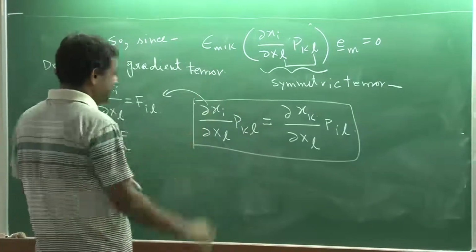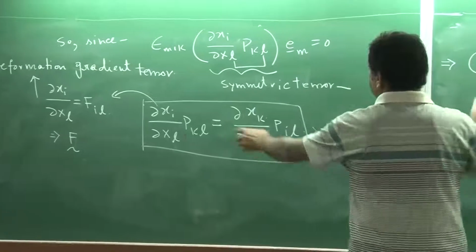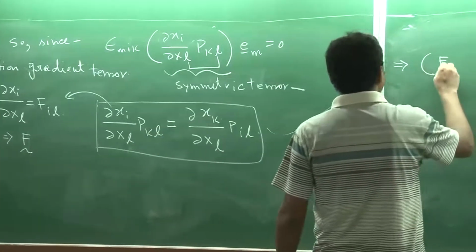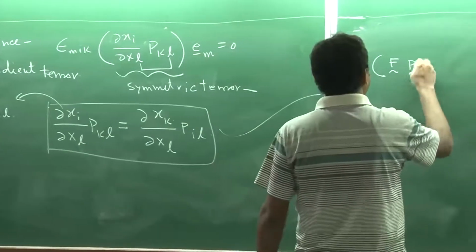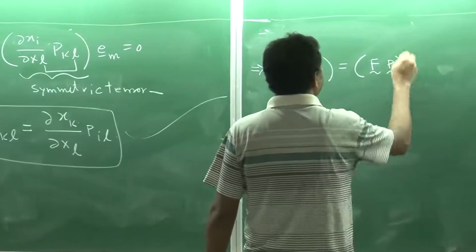So, if I write in terms of tensor notation instead of indicial notation, this is the F tensor and this is the P tensor. So, I can write F P transpose.